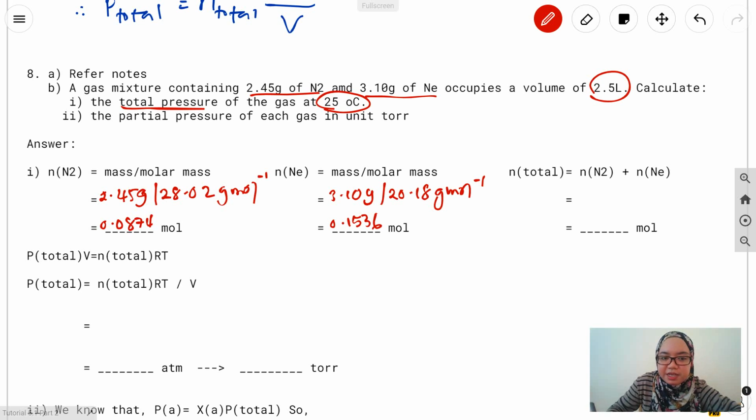When we sum the number of moles of nitrogen with the number of moles of neon, 0.0874 plus 0.1536, we will get 0.2410 mole. So this is the N total, the total number of moles.